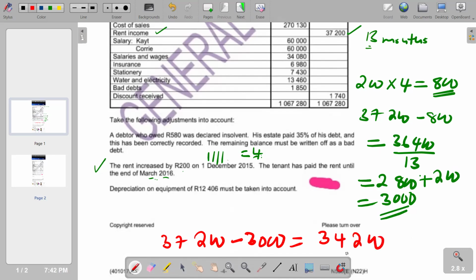This is the amount that should be in the amount column. The calculation will be in brackets after you have entered rent income, and then the final amount goes in the amount column.